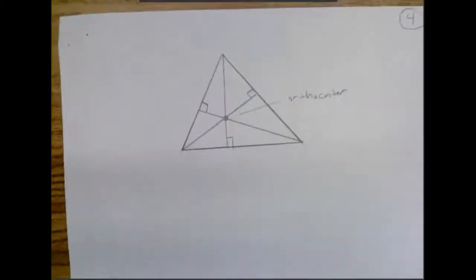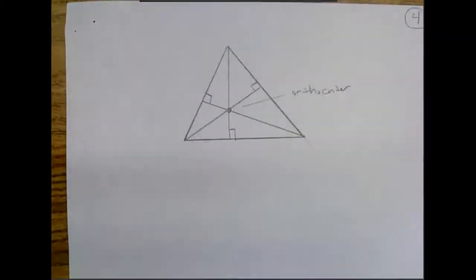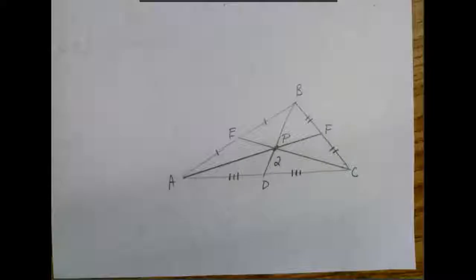Okay, and you can see here's another example as well. So let's say we want to take some of these rules about medians and figure out lengths of sides within this triangle. These are all going to be different, because this isn't an equilateral triangle.